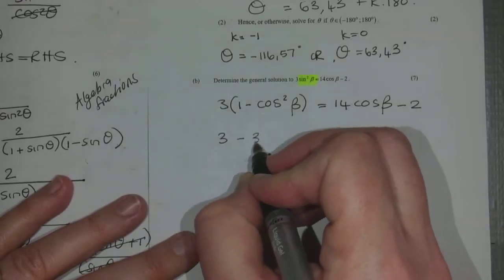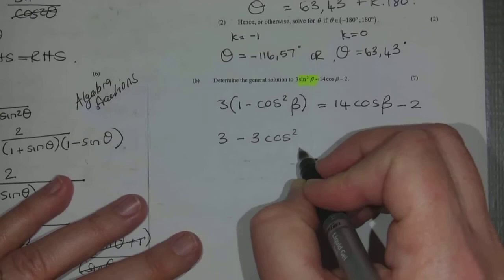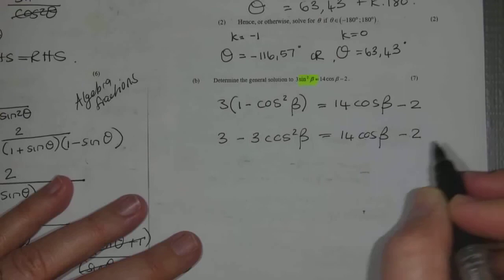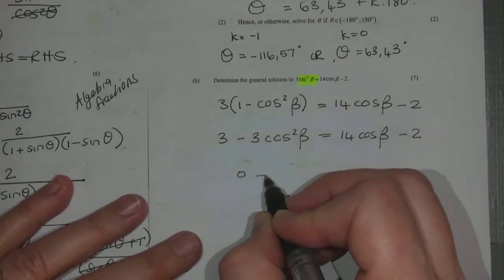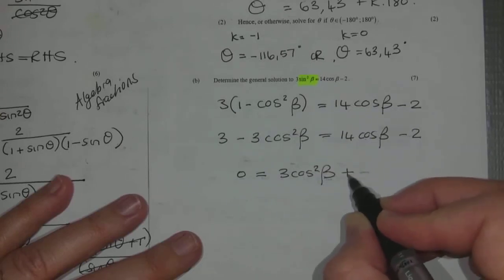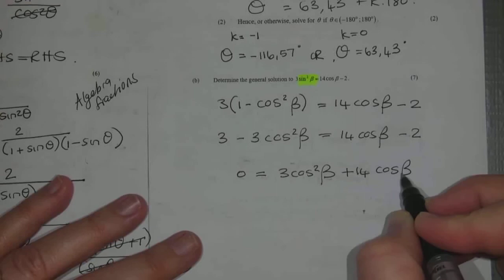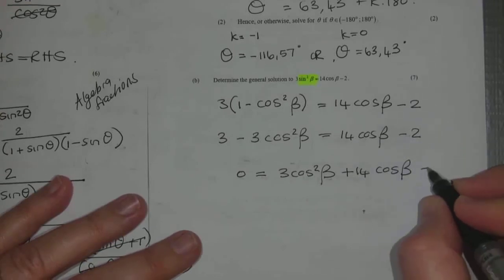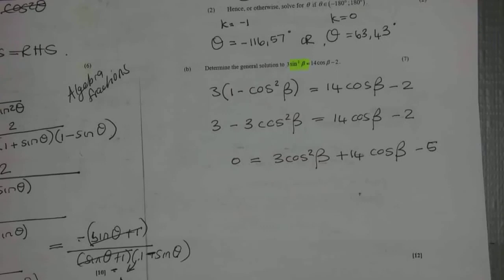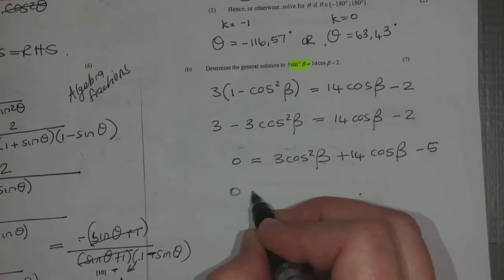When I distribute, I get 3 minus 3 cos squared beta equals 14 cos beta minus 2. This is a quadratic equation, so I'm going to move everything to one side so that I create my 0. Okay, and that's going to be -5. Now, once again, at this stage, if you do struggle, you can, on a piece of paper, go and work out what is 3x squared plus 14x minus 5 and factorize that.